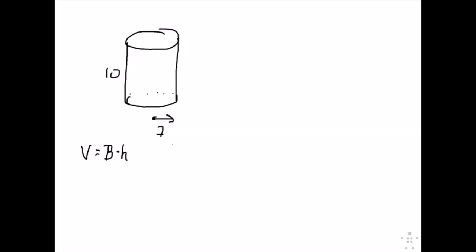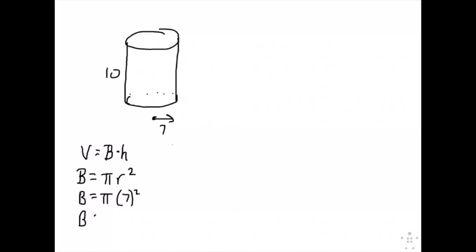So in this case, let me make sure you can read that. I gave the radius as 7. So in this case, the base is a circle, so the area is pi r squared. So the area of the base is pi times 7 squared.